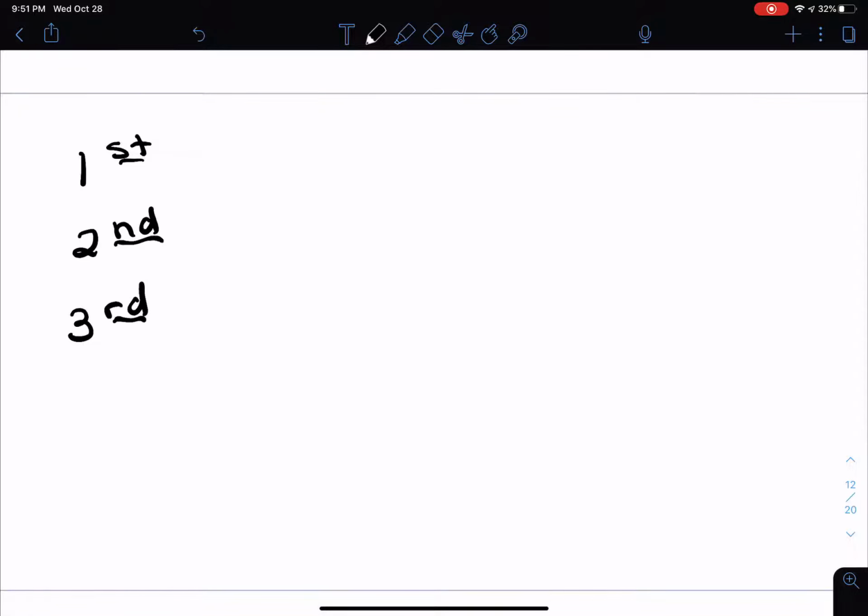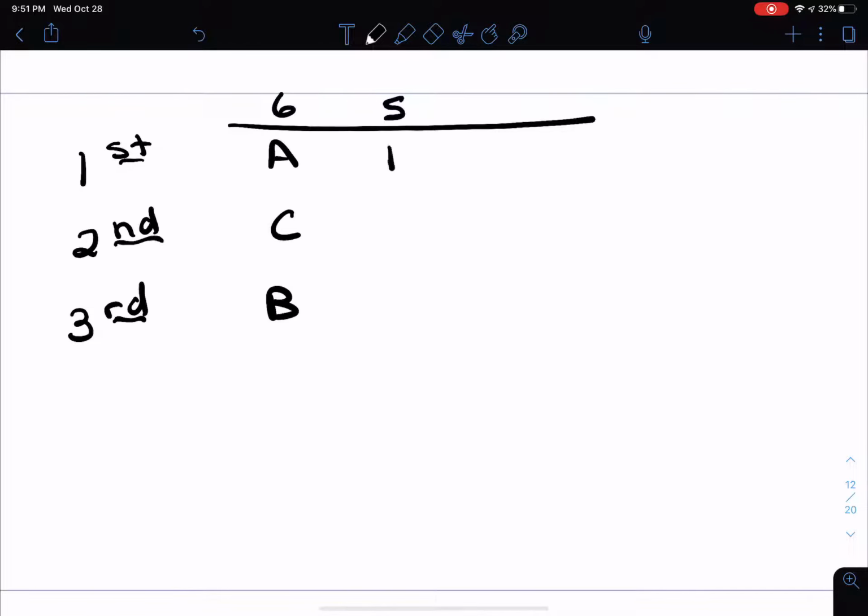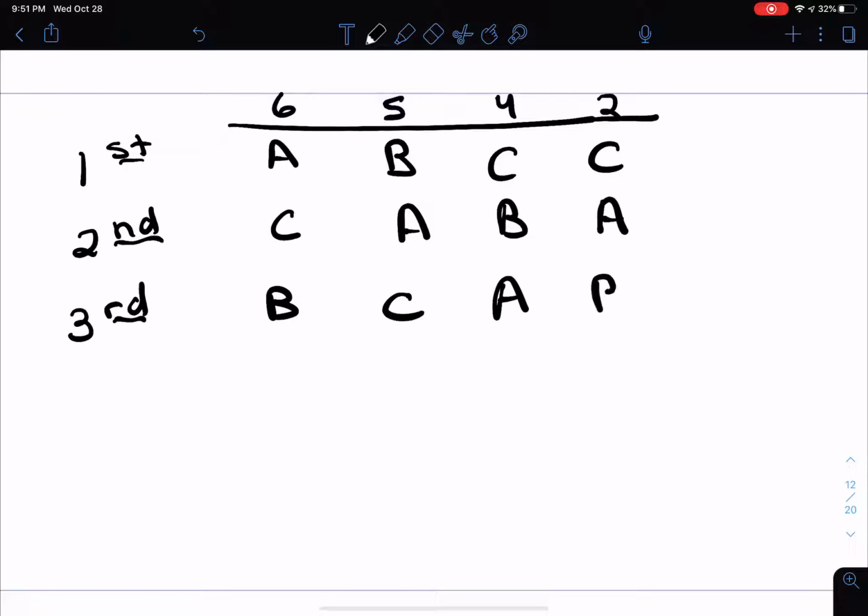We have 6 that ranked A, C, B. We have 5 that ranked B-A-C. We have 4 that ranked C-B-A. And we have 2 that ranked C-A-B. So 17 voters.